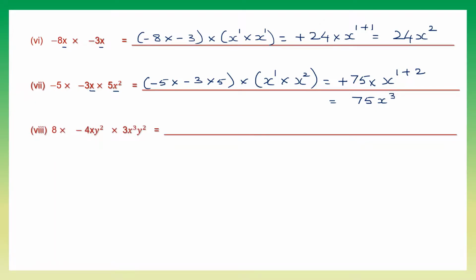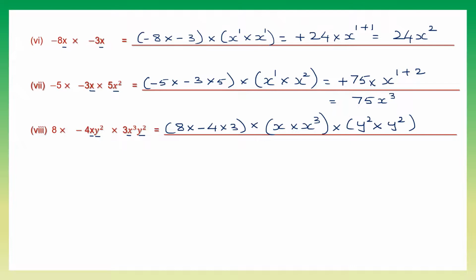Question 8. 8 into -4 into 3 will take first. 8 into -4 into 3 into, let's take the x as 1 here and x to the power of 3 here. So that will be x into x to the power of 3 into, we have y to the power of 2 here and y to the power of 2 there. So y square into y square. Let's multiply this.